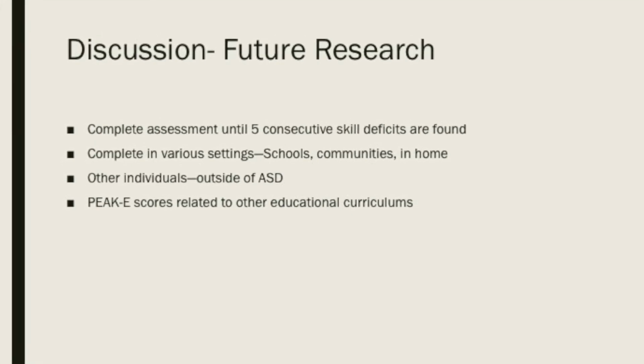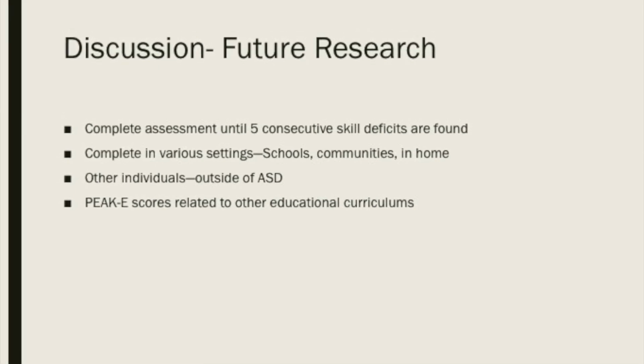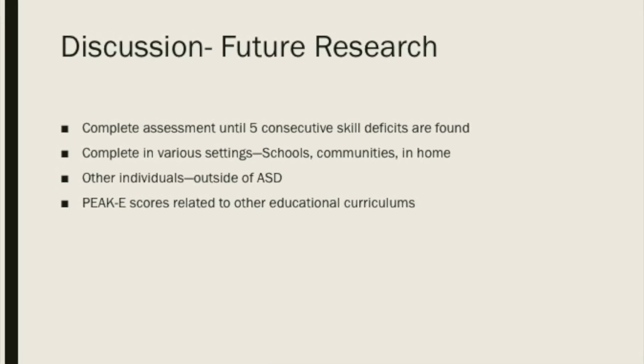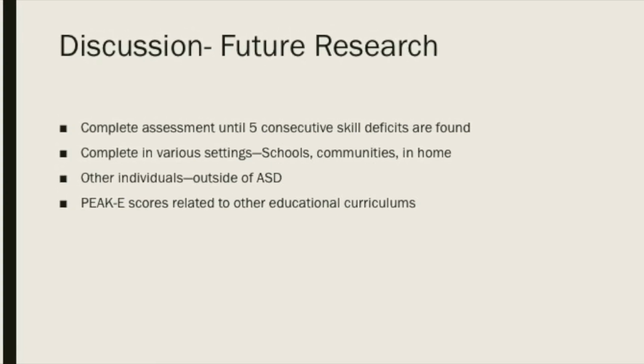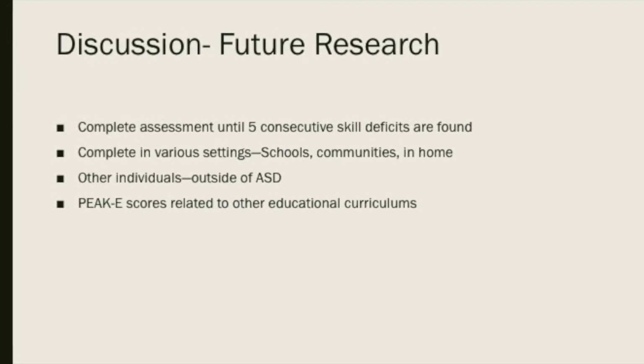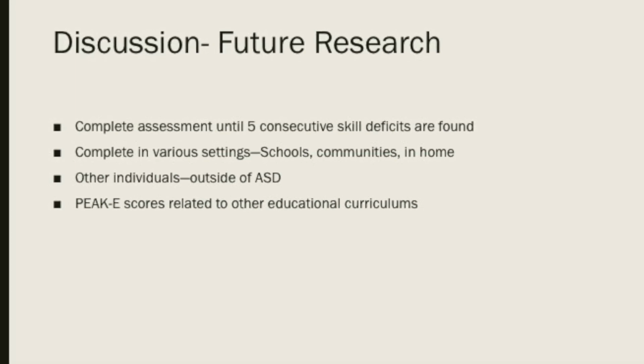Another thing is that the Peak E is designed to be completed in multiple environments. So completing this in a school or across different communities and across different homes, just those different settings would be a good exploration for future research.